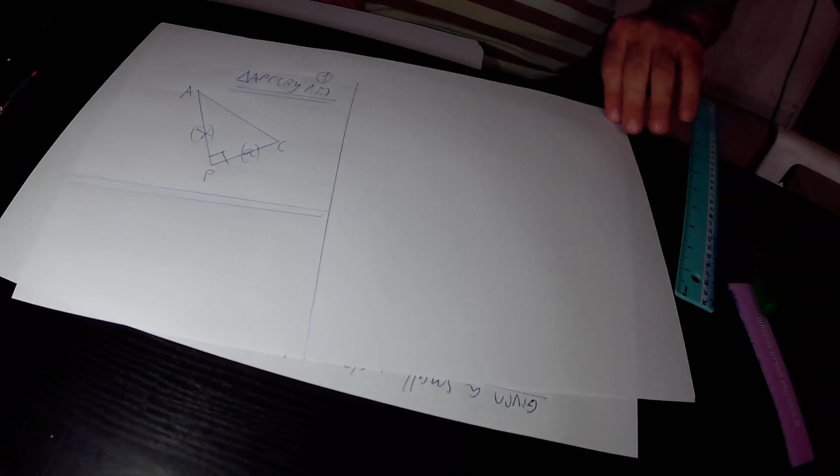In this right triangle APC, according to the Pythagoras theorem, AC squared, that is the square of the hypotenuse, equals AP squared plus PC squared. So I write it down. This will be equation 1.